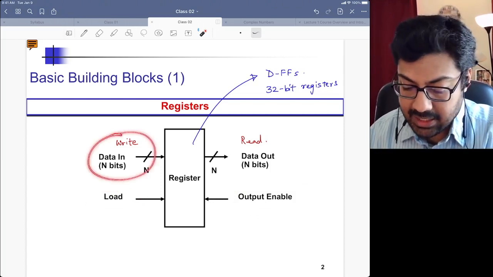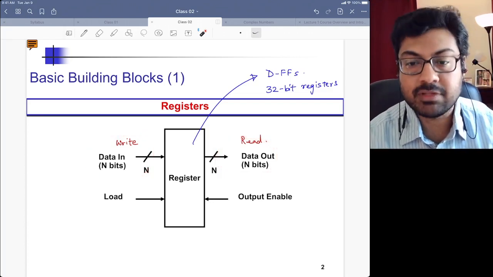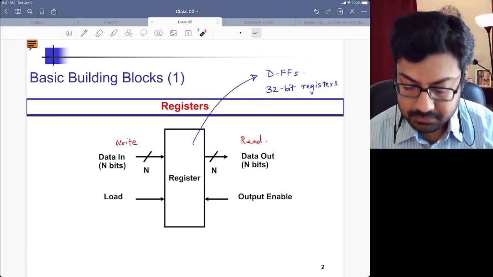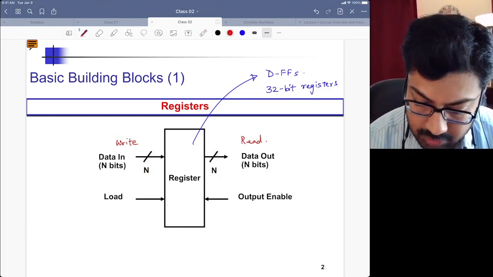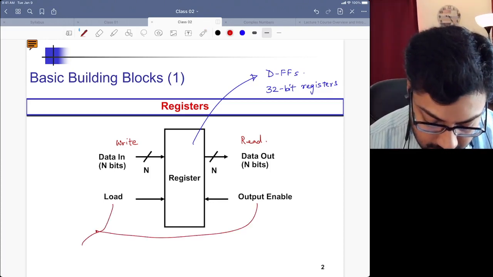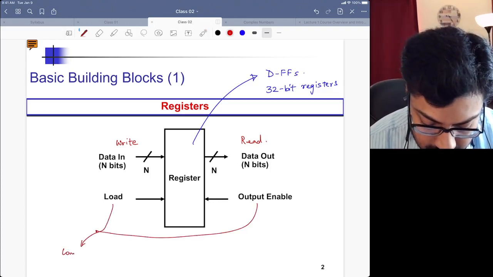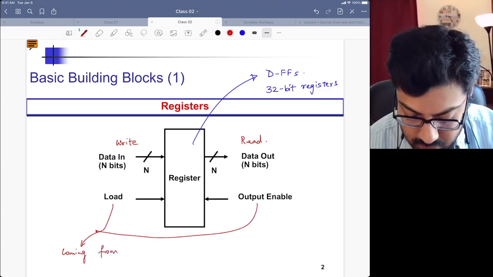And the data in and the data out, these are essentially coming from the data buses, which are part of the data path unit. So let me also highlight that as well. So these are coming from control unit.